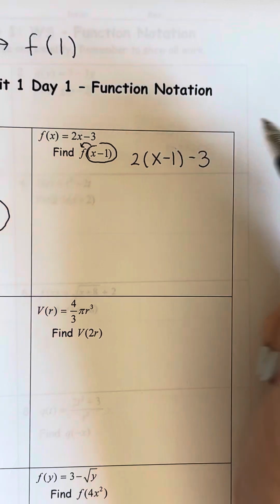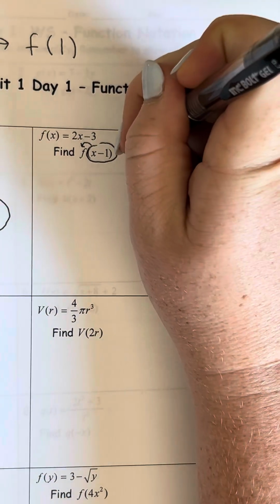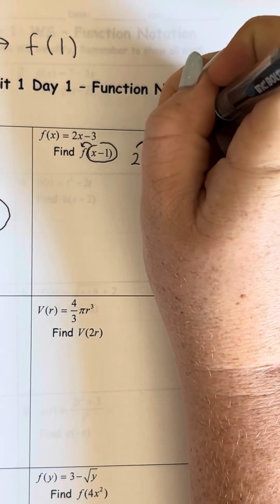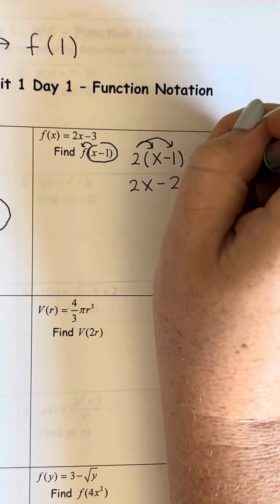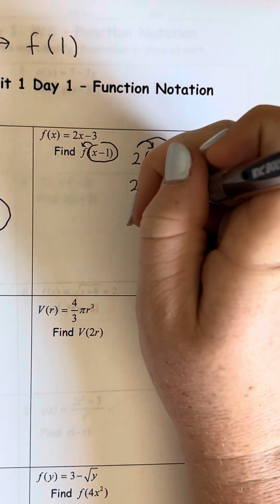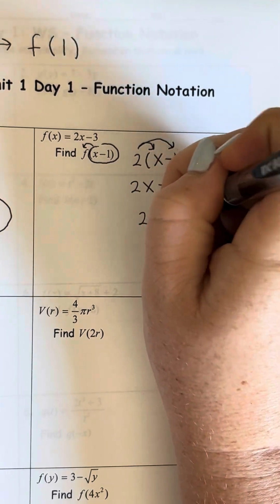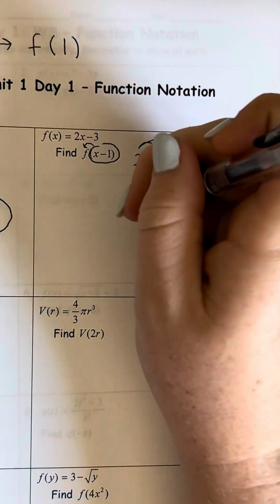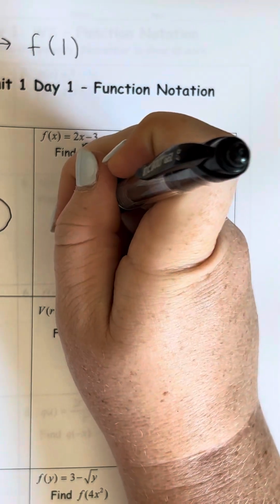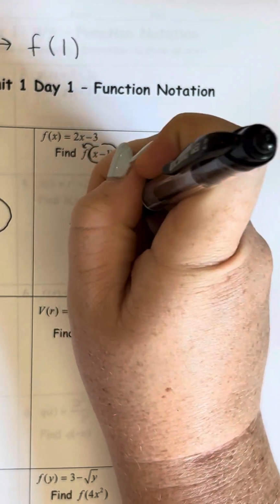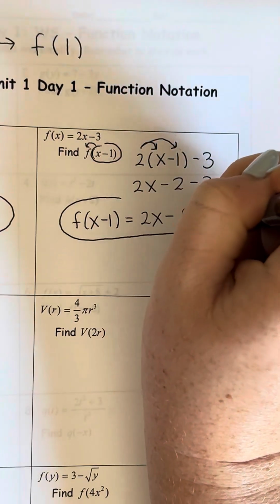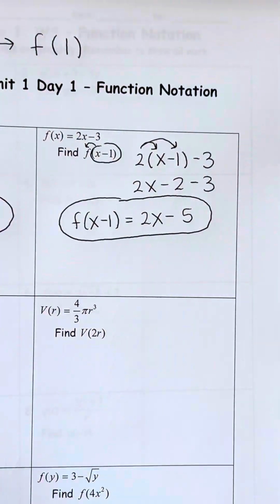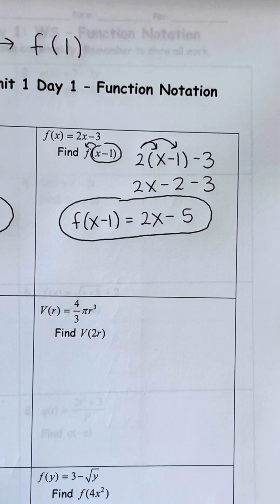And then we need to go through and simplify. So we would distribute our 2, so we'd have 2x minus 2 minus 3, and this would give us 2x minus 5. All right, so we would say that f of x minus 1 is equal to 2x minus 5. So again, we plugged in an expression, and we're gonna get back an answer that has x's left in it.